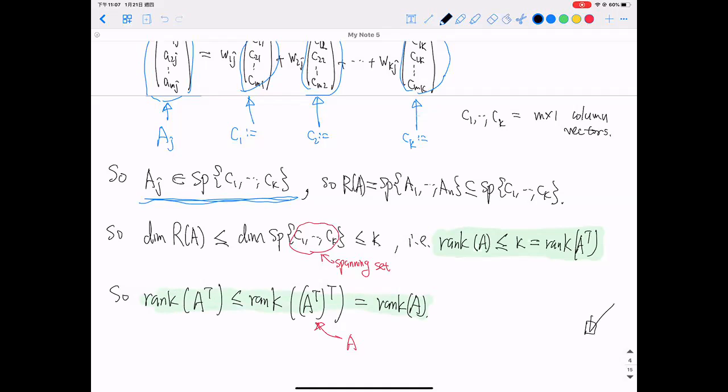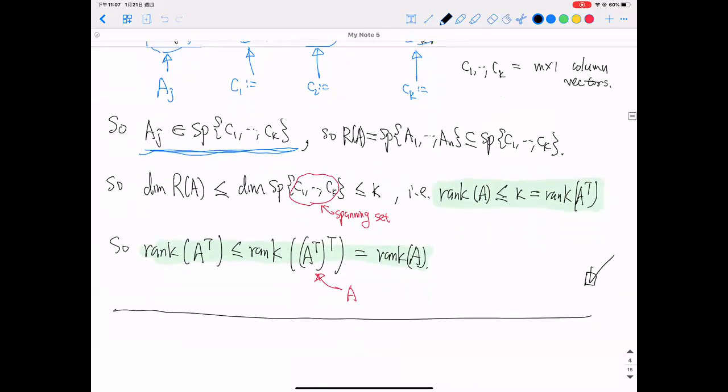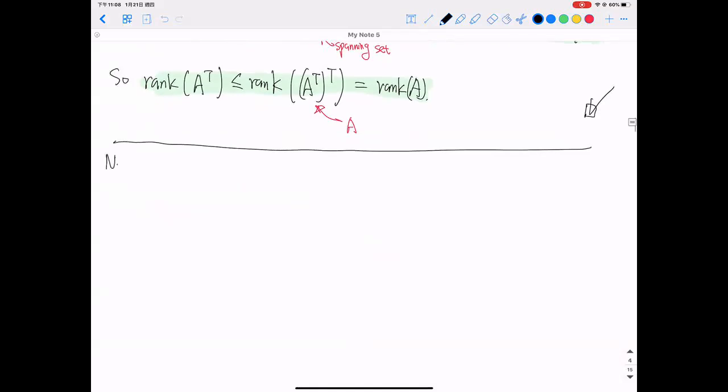Okay, so now you're going to think a little bit more abstractly. The next goal is to think about vector spaces abstractly.